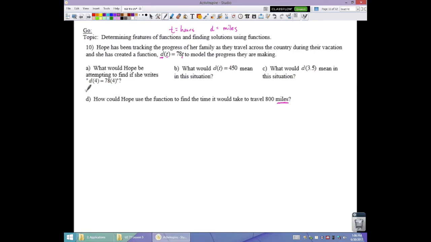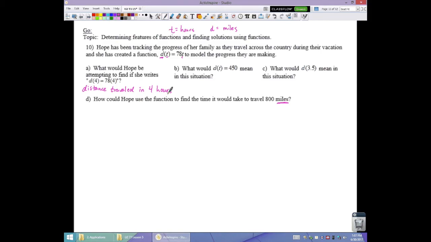So she's finding the distance traveled in 4 hours. Okay, and 78 times 4 is 312 would be the answer. So that would mean the family traveled 312 miles in 4 hours.